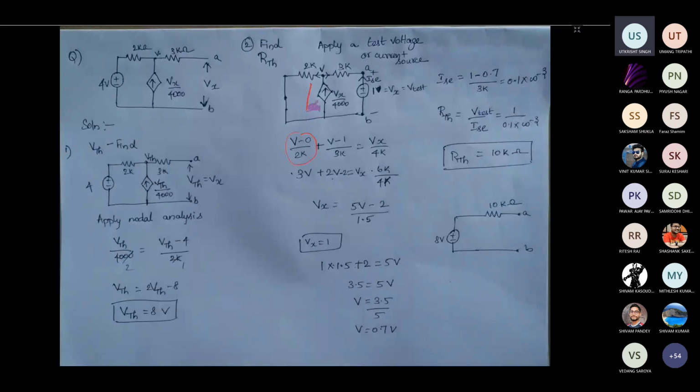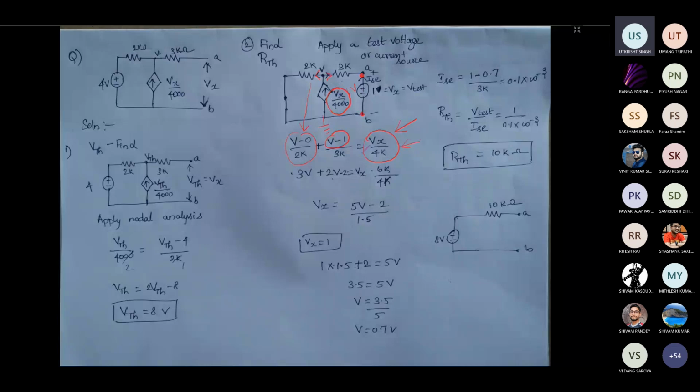This is written here: V minus 0 divided by 2K, and here this current is V minus 0 divided by 2K, and this is the outgoing current, V minus 1 divided by 3K. Here the voltage at this terminal is 1 volt, so I have directly taken V minus 1 divided by 3K, and this is nothing but the incoming current. The incoming current is Vx divided by 4000, which I have written as Vx divided by 4K.